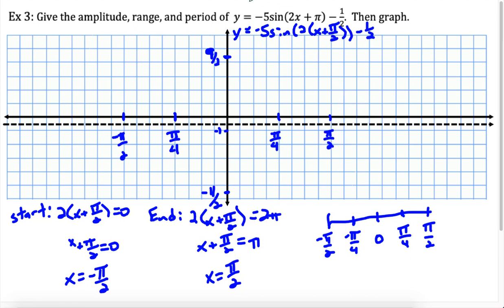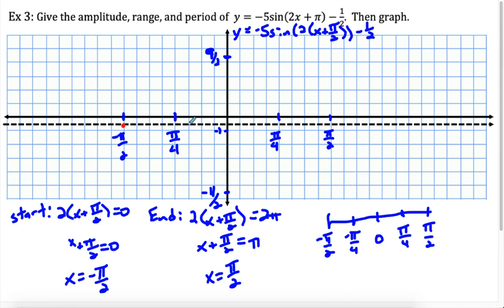Now we are graphing sine, but we are graphing negative sine. Normally my sine function would start at the midline, go to the maximum, come back to the midline like this. But if I'm graphing negative sine, it is going to be reflected across my midline.